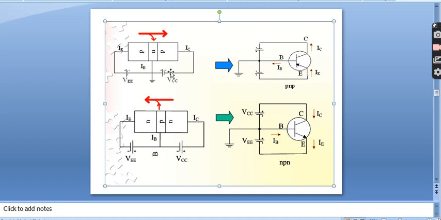In the same manner, we go for the NPN transistor. In this NPN transistor, the N-type emitter is connected to the negative terminal of the supply VEE, and the positive terminal of the battery is connected to the base. That means the input junction is forward biased. The output junction is reverse biased.